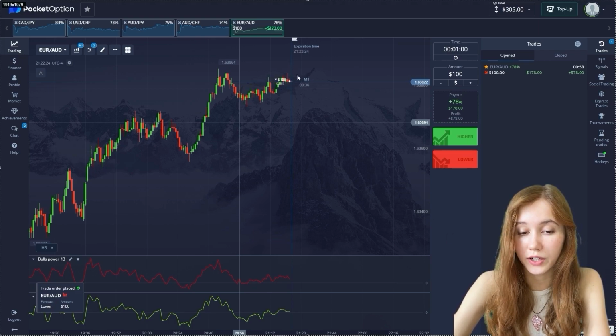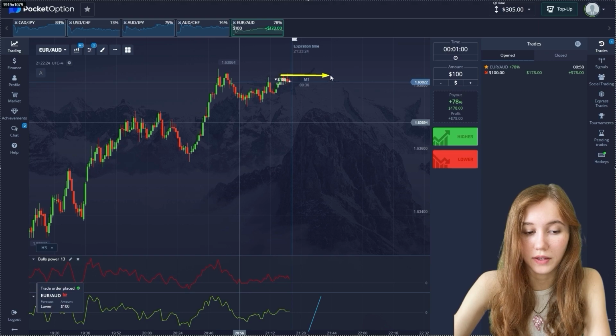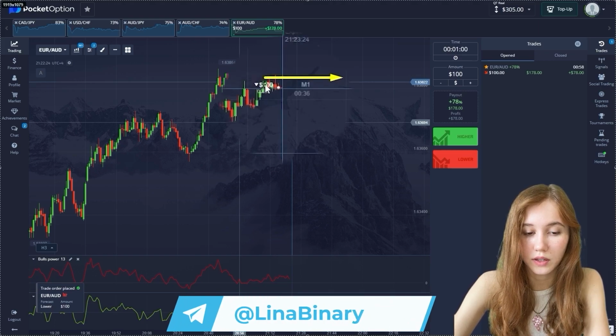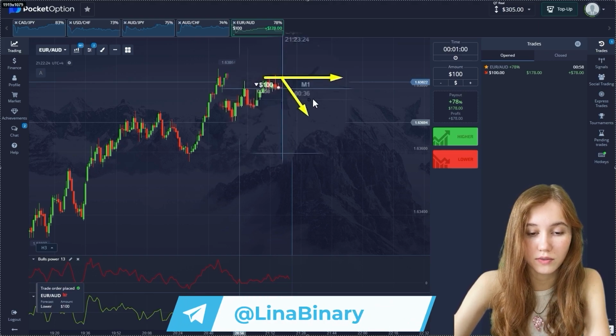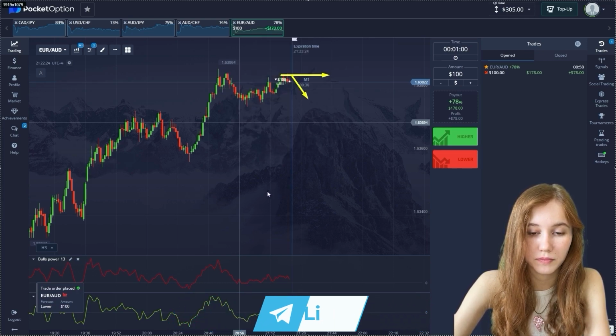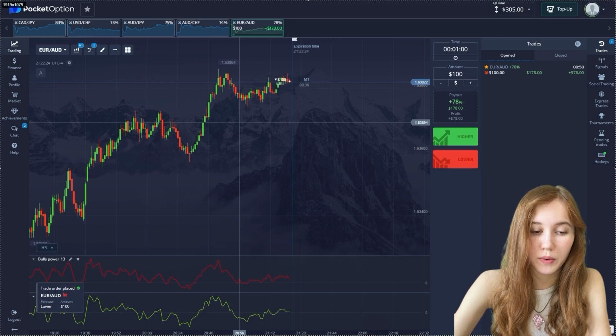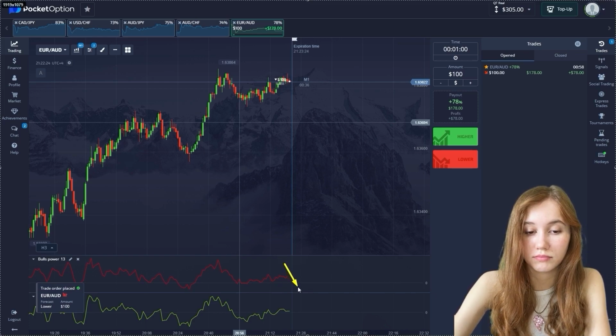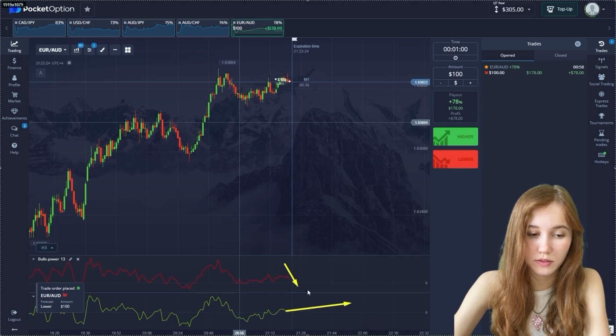Some kind of consolidation is taking place. That is, the trend is slowing down. Or reversal, in fact both parameters are suitable for us. We see the indicators, what they show us.